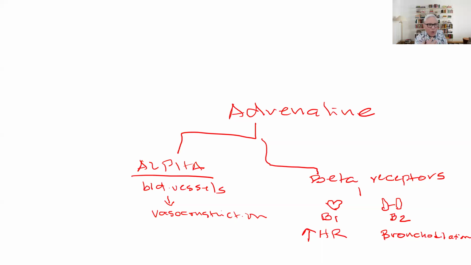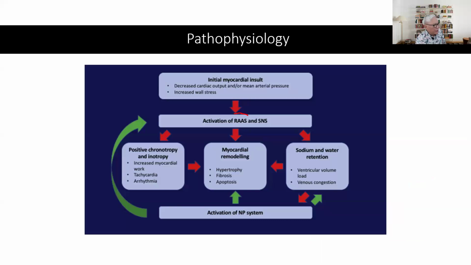Okay? So this is exactly what happens with the sympathetic nervous system. So with an initial myocardial insult, what's going to happen is the body responds with the activation of the renin-angiotensin-aldosterone system and the sympathetic nervous system.